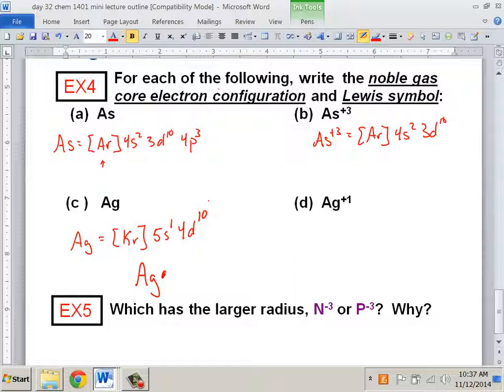And then Ag plus 1: I should have nothing. But don't forget, this is where people screw up. You have to write the brackets and write a plus 1. You're going to lose points right there. And then the electron configuration, what changes? Exactly, so only 4d10. You can write 5s0 if you want, but you really don't need it there because it's a 0.